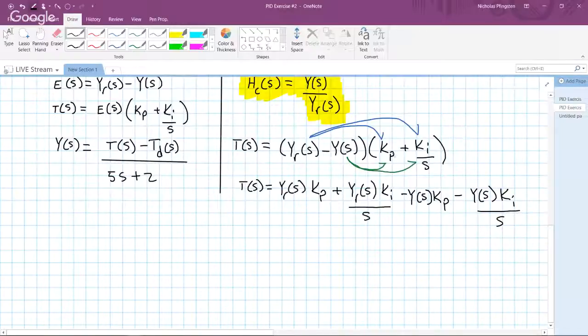Now looking at this, can we make this a little easier to look at? Well, I could factor, I guess I could do this.